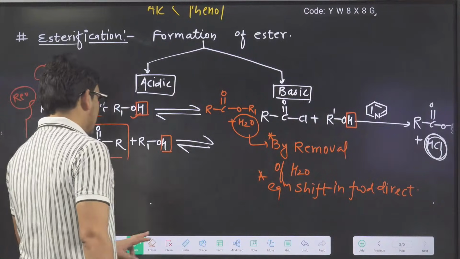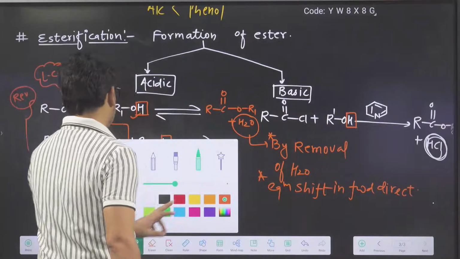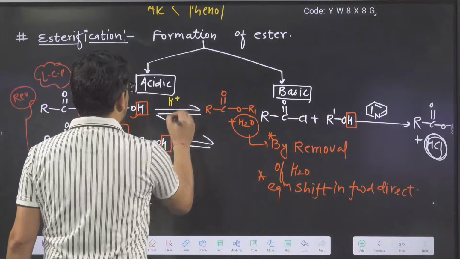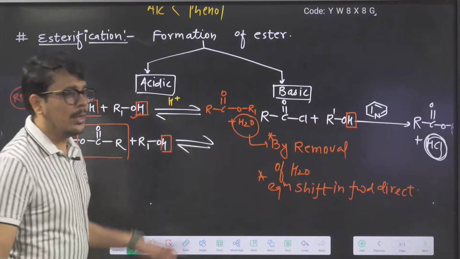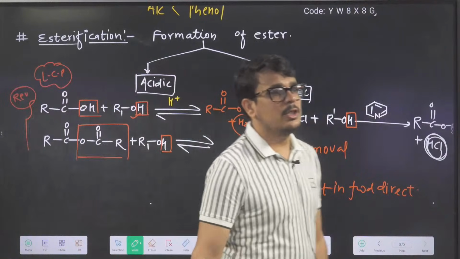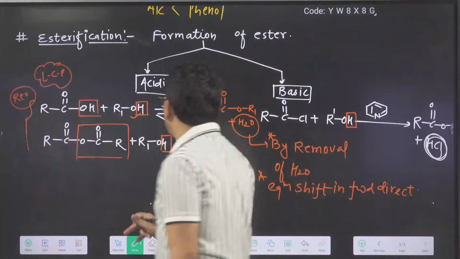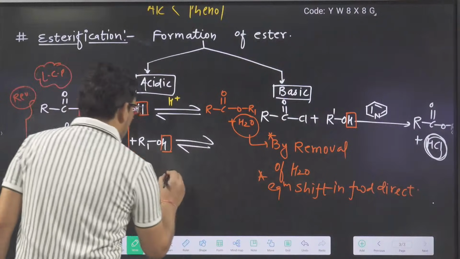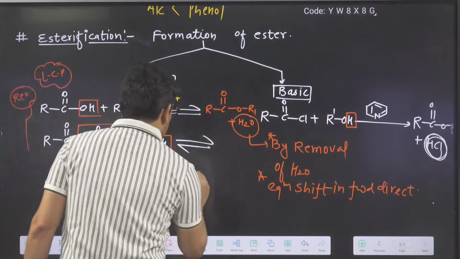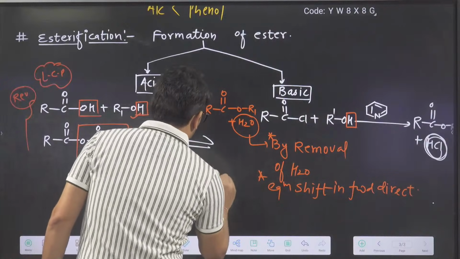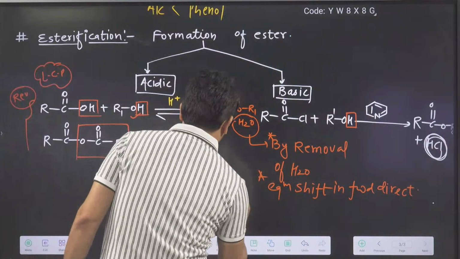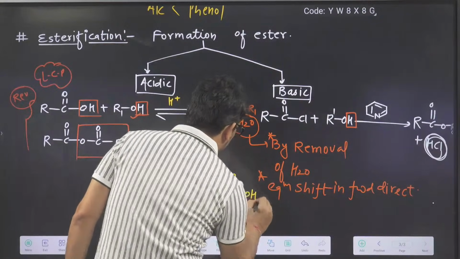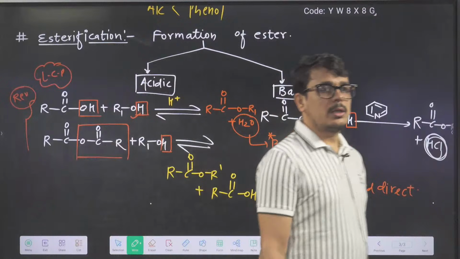Now, last one thing. Here the medium is acidic. Generally, the acidic medium is provided by H2SO4, and what are we using here? H plus ion. In the last case, what will be the product? Here R C double bond O R dash, plus another product will be carboxylic acid.